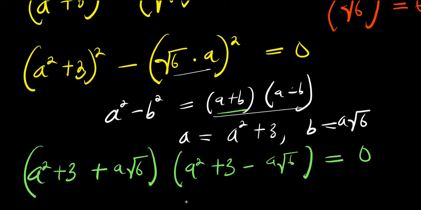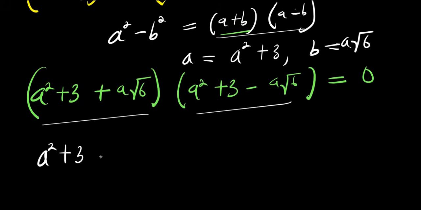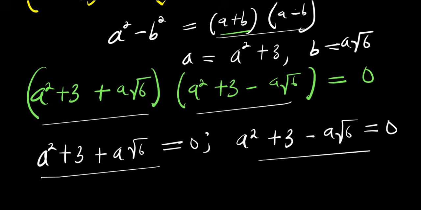So right now, we can decide to equate each of these to 0. A squared plus 3 plus a times root 6 equals 0. Then I also have a squared plus 3 minus a times root 6, and this also equals 0. So we need to solve these two individual equations.